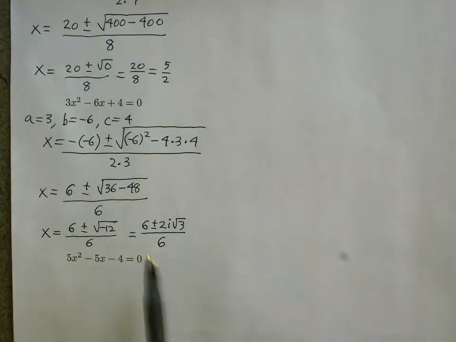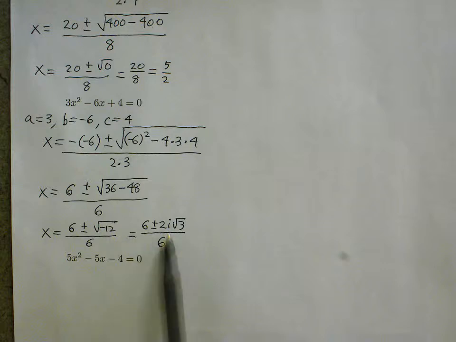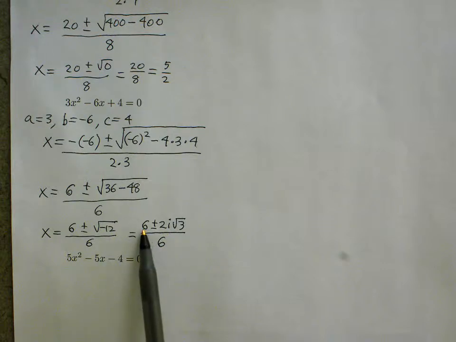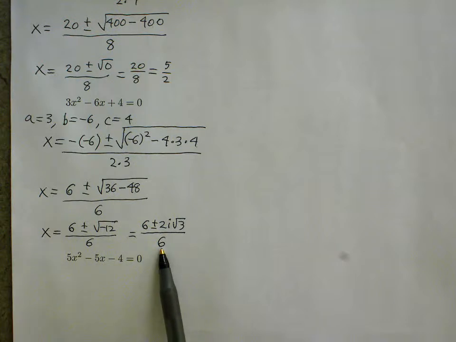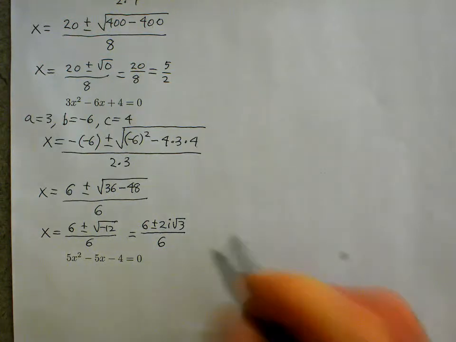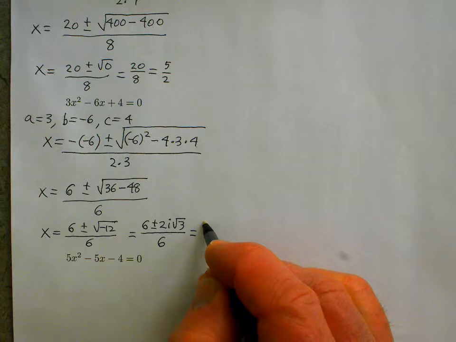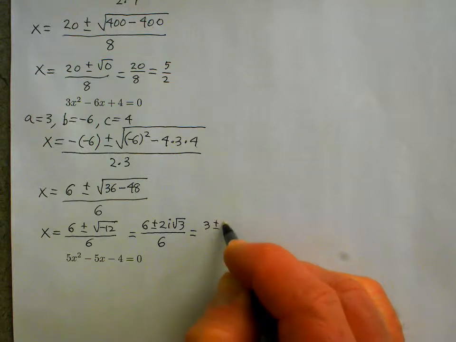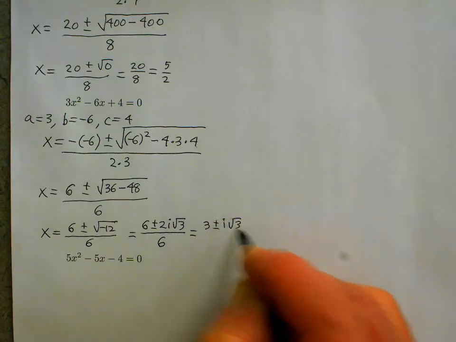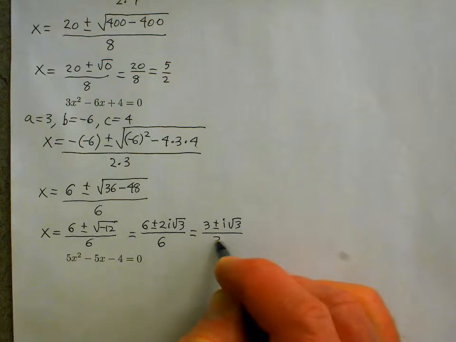And we can reduce this further. Every term in the numerator has a common factor of 2. So when we cancel the common factor of 2, we get 3 plus and minus i times the square root of 3 divided by 3.